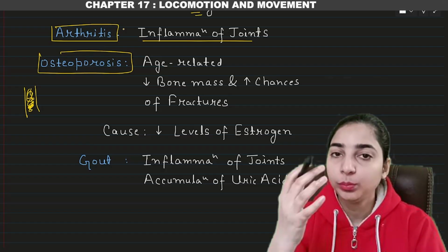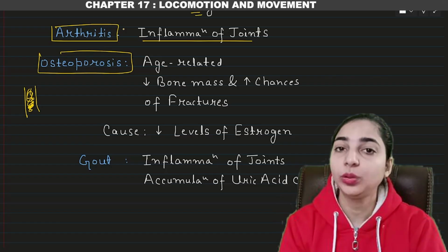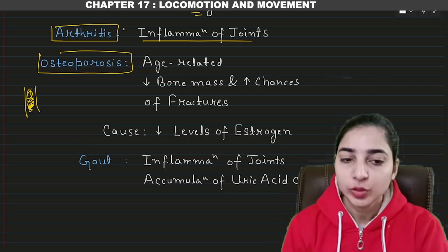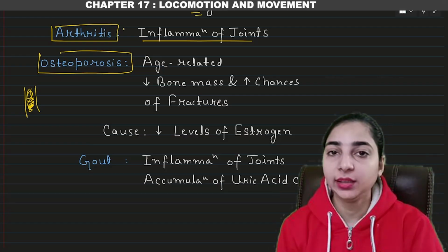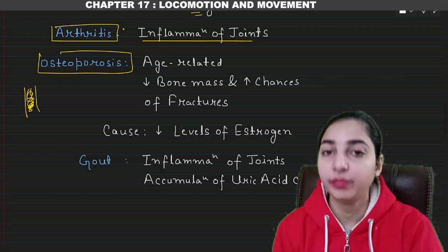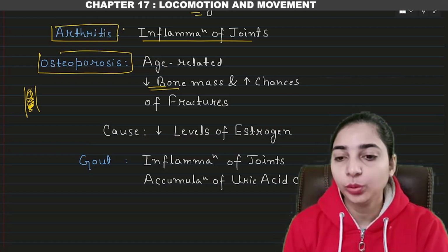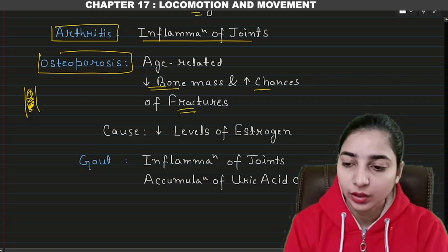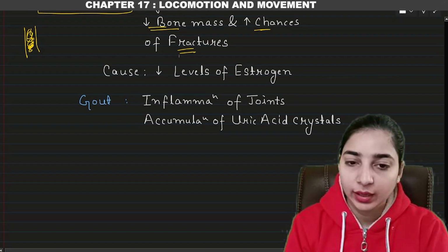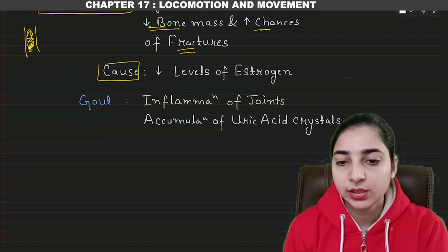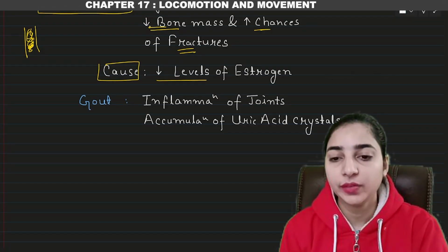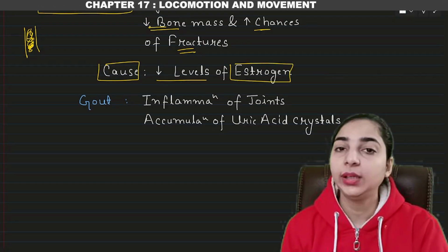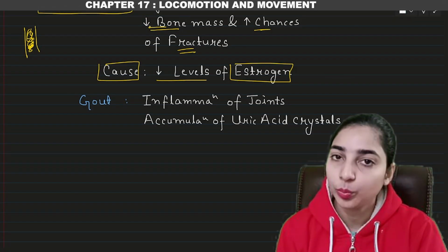So if the bone mass is decreased, it leads to the weakening of the bone, right? So if the bones get weakened, then there will be increased chances of fractures. So decreased bone mass and increased chances of fractures. And what is the cause of osteoporosis? It is lower levels of estrogen. So lower levels of estrogen can cause osteoporosis.